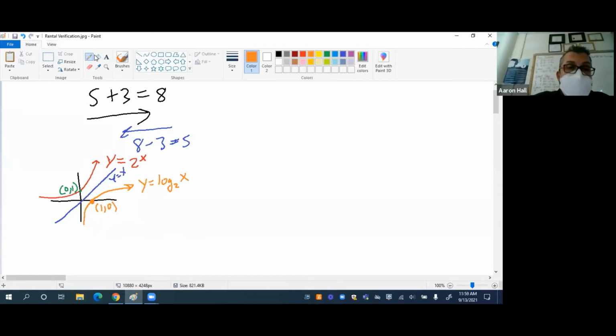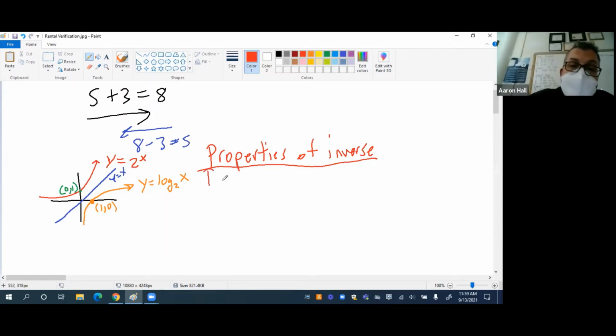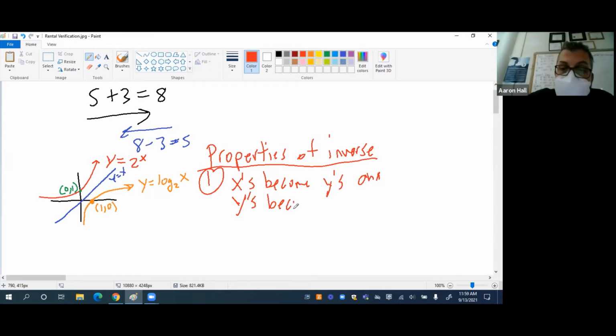All inverses, okay, I'll just write this out. Properties of inverses: x's become y's and y's become x's.